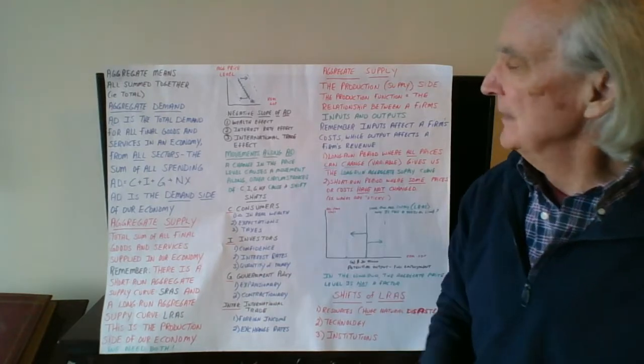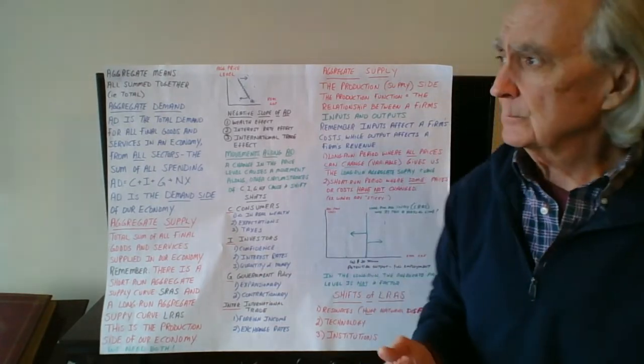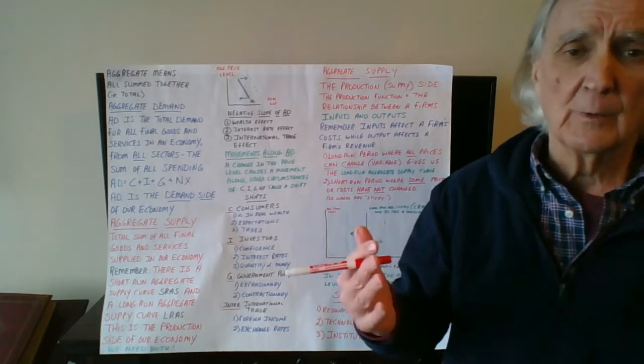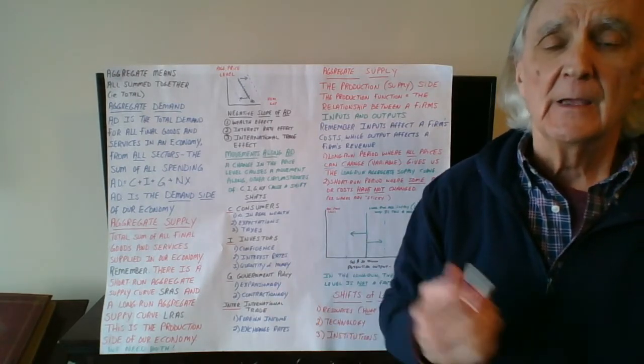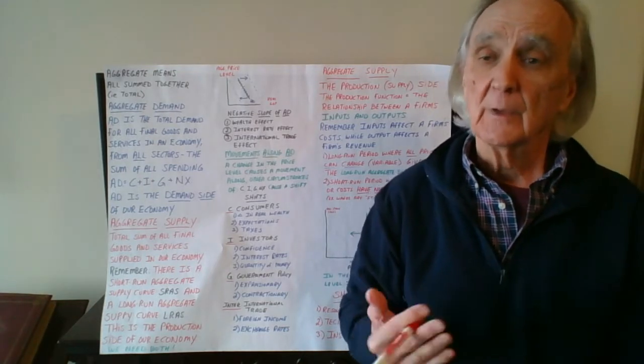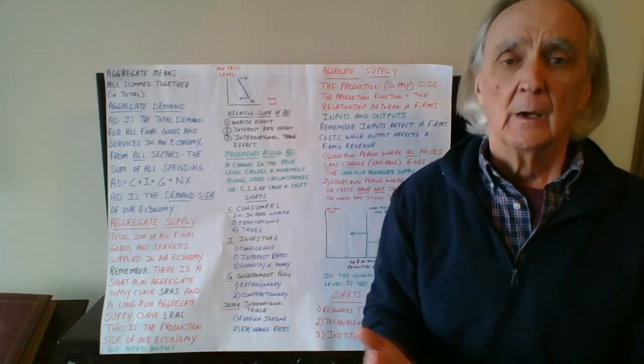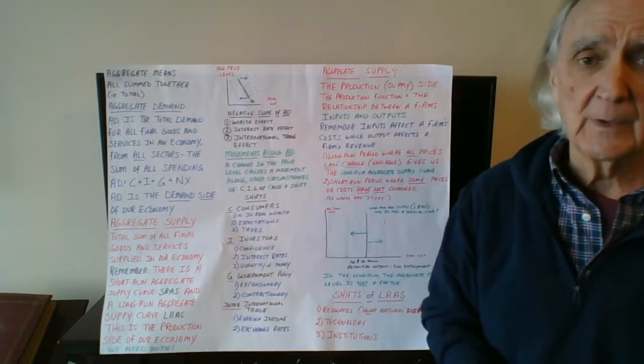The third one is the international trade effect, okay? We're in the global economy. Let's say the price of our products starts going up. Well, again, it's kind of common sense.